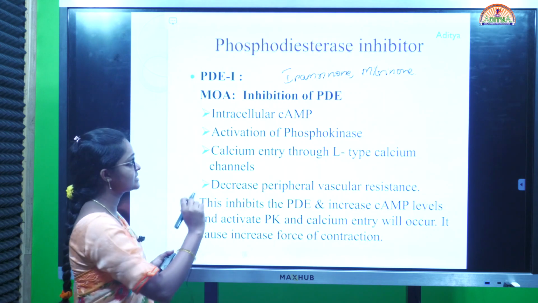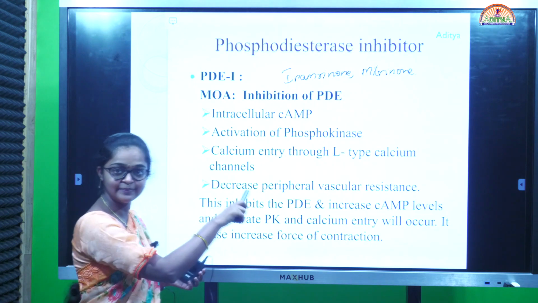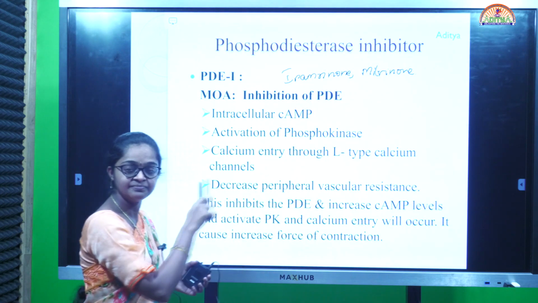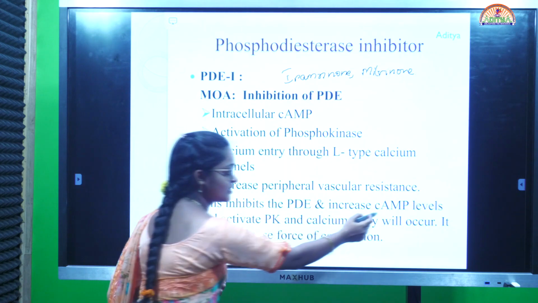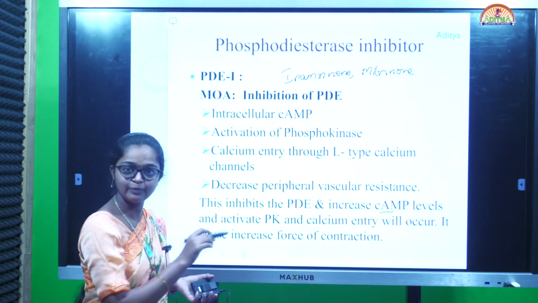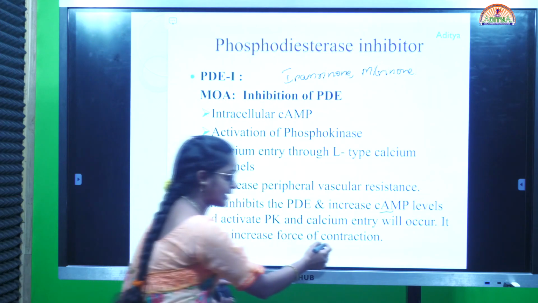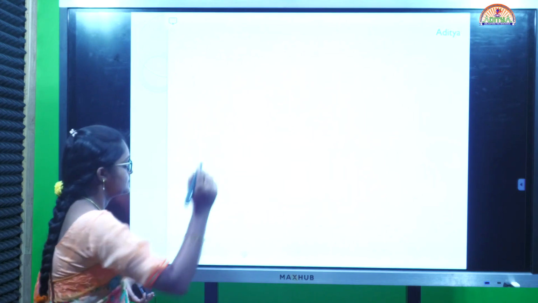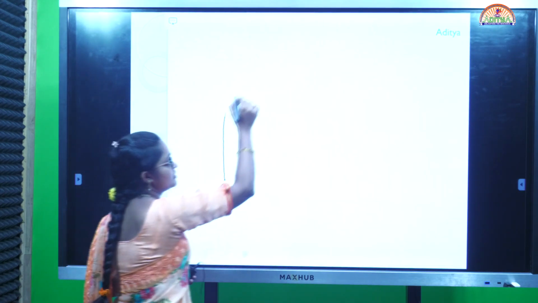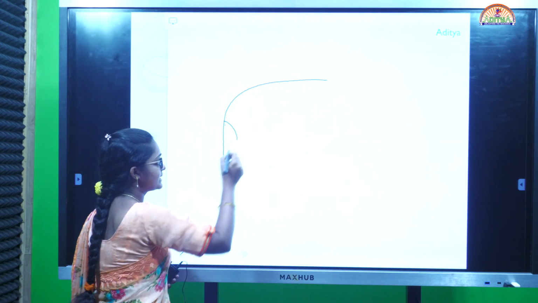The mechanism of action of phosphodiesterase inhibitors: they inhibit phosphodiesterase so that cyclic AMP levels are not broken down, which activates protein kinase and leads to contraction by increasing calcium levels. How? Here are the beta receptors.